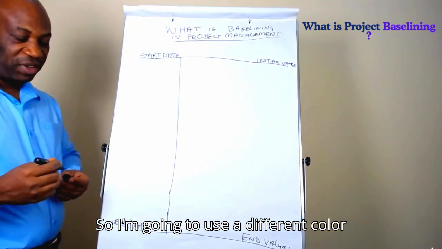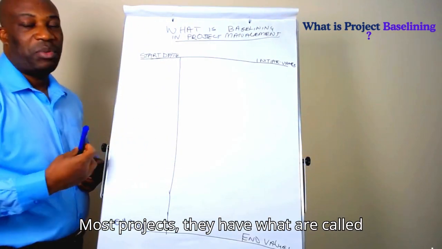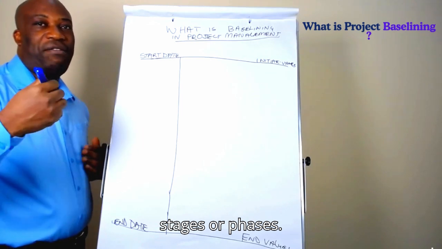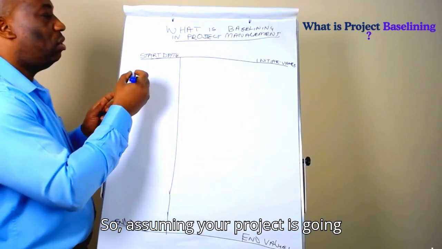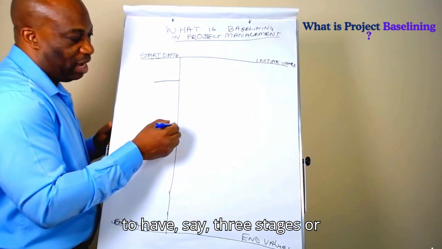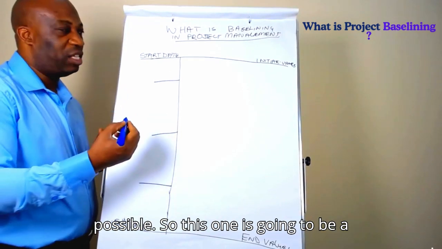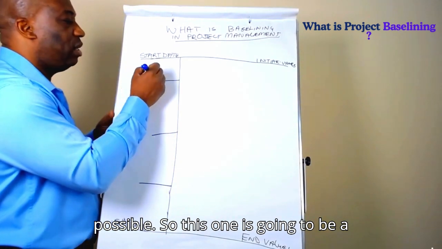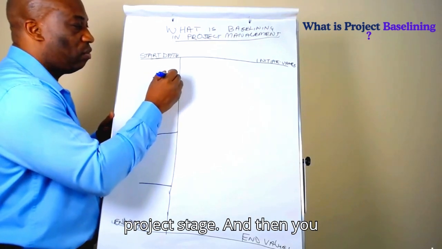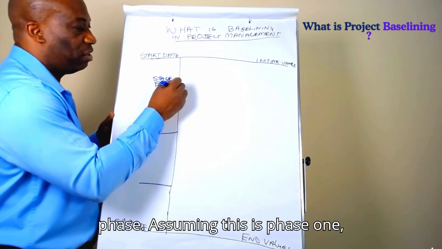I'm going to use a different color now. As you go through your project, most projects have what are called stages or phases. Assuming your project is going to have, say, 3 stages or phases, a project can have as many as possible. I want to call it a project stage, and then you might want to call it project phase.